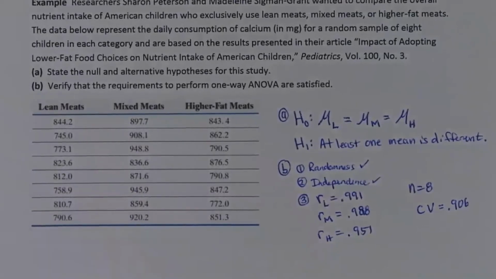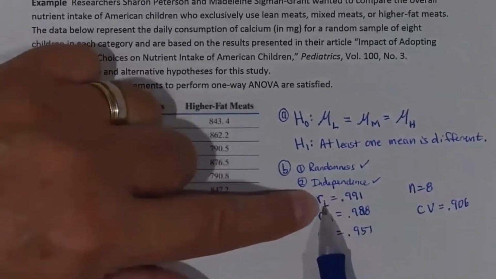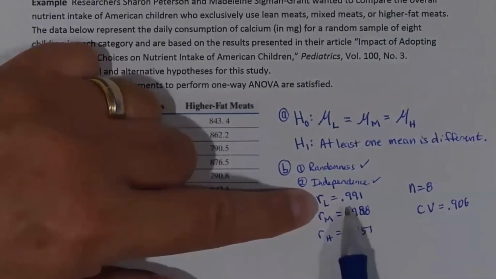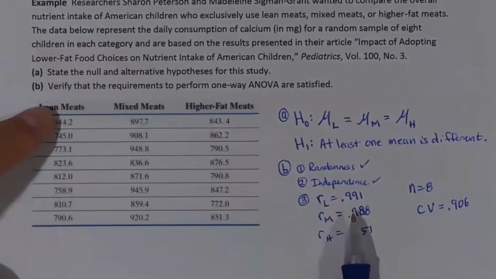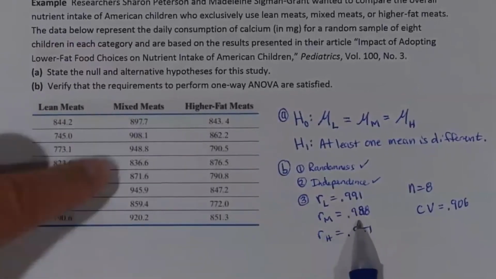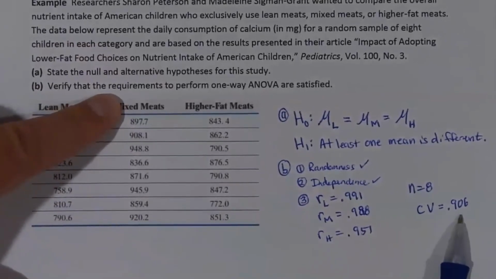In other words, these three different sets of data probably come from normal populations. So again, just to be clear, the correlation statistic for lean meats, 0.991, that's bigger than 0.906. So this lean meat data probably comes from a population that's normal. For mixed meats, the correlation statistic, 0.988, that's bigger than our critical value.